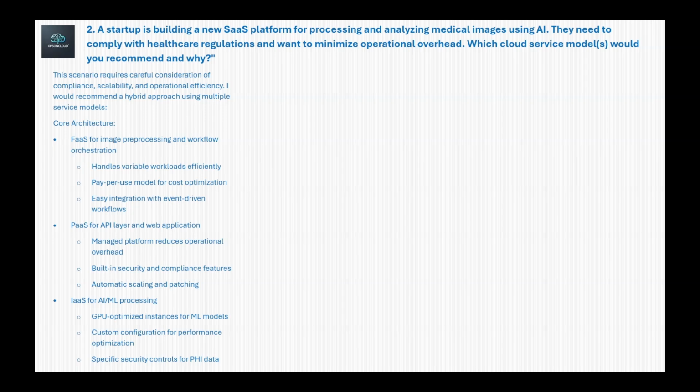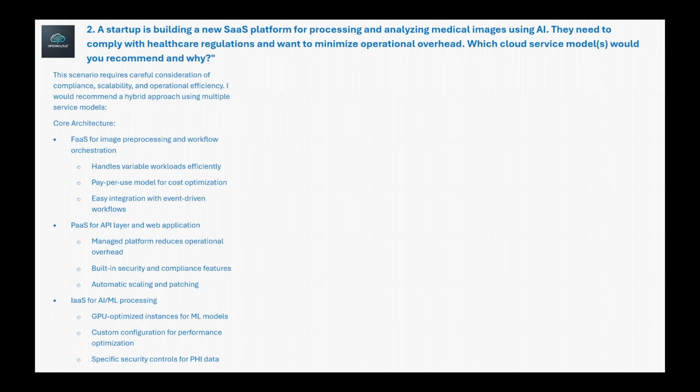And I would also use PaaS for the API layer and web application, which would help me to manage the platform. PaaS, platform as a service, is a managed platform which helps me to reduce operational overhead. It has built-in security and compliance features, and it helps me with automatic scaling and patching.